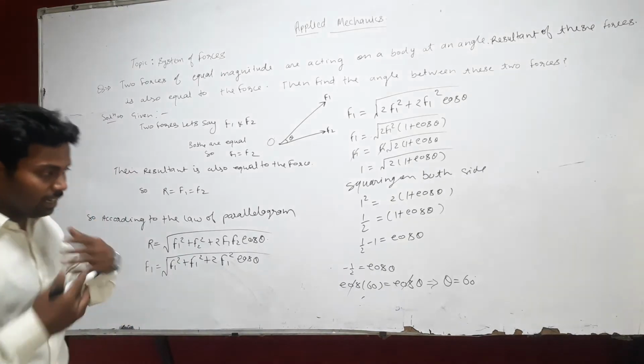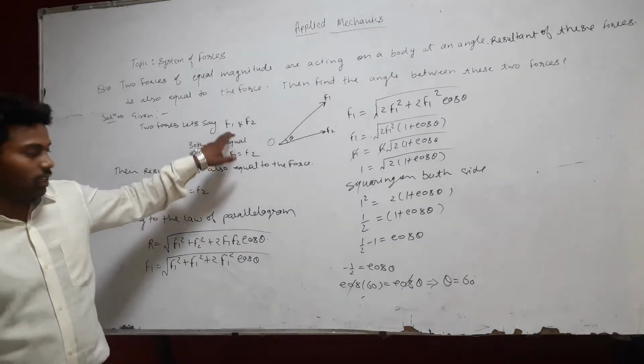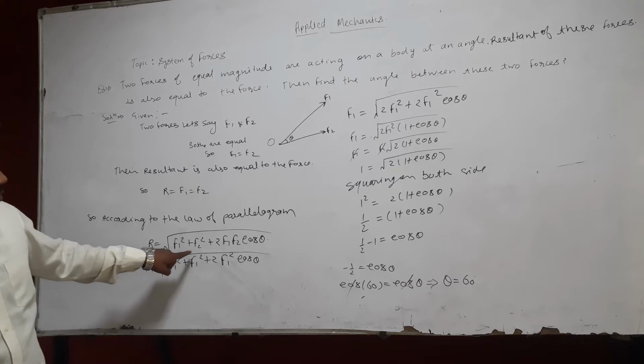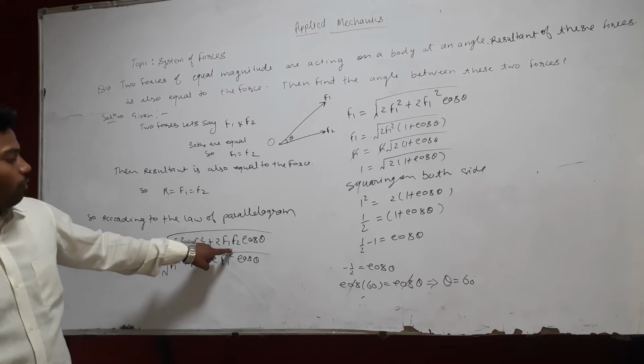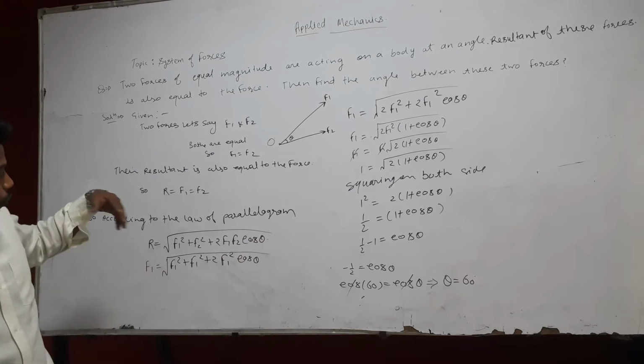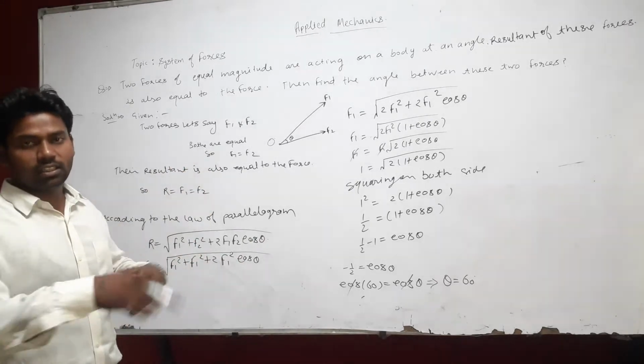This is the formula which relates these three terms: resultant equals root of F1 square plus F2 square plus 2F1F2 cos theta.